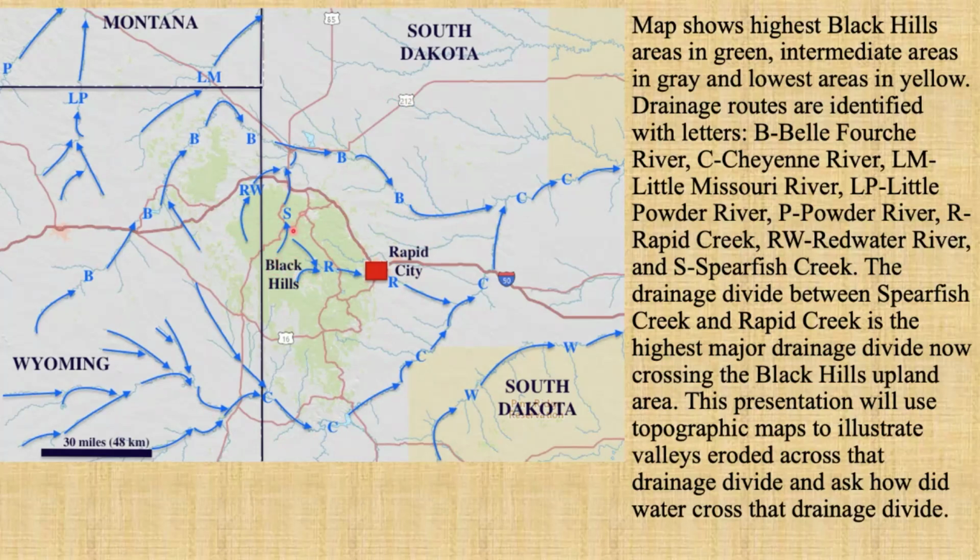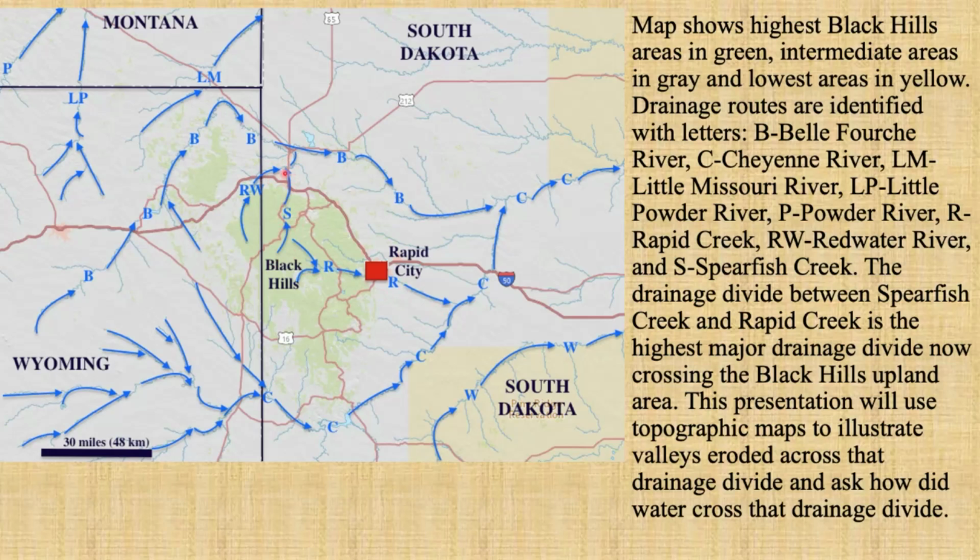And where the drainage divide between north-oriented Spearfish Creek here shown with the S and southeast-oriented Rapid Creek shown with the R is located. Now, you'll notice that Spearfish Creek flows in a north direction here.